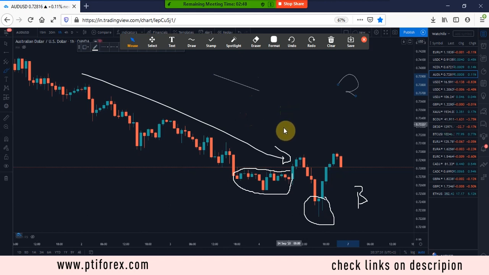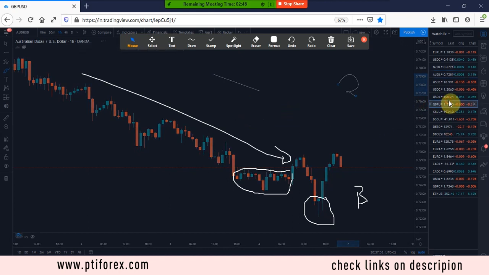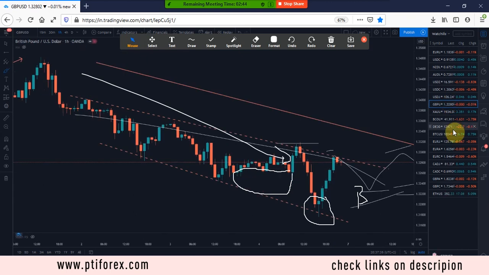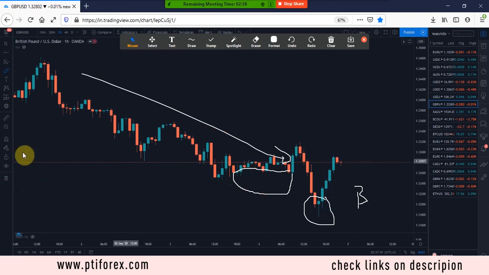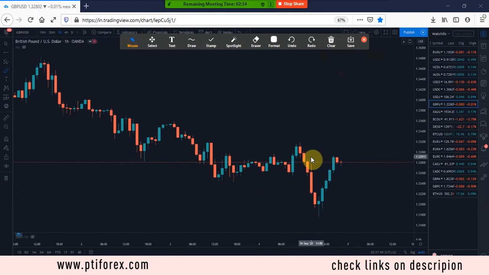So for an example, let's say here we are anticipating a sell, and one hour from now there are going to be news. It is good for you to press your sell right now.